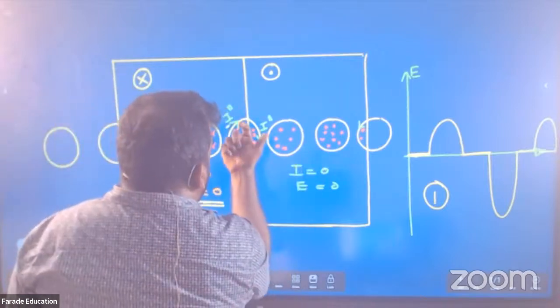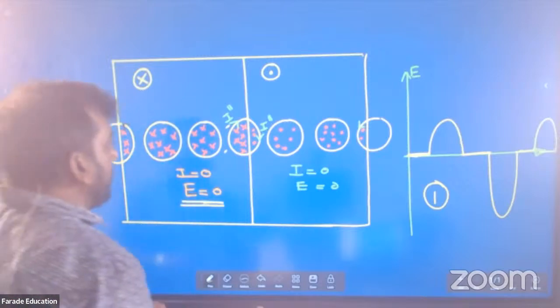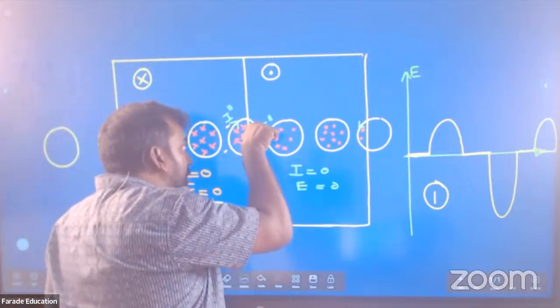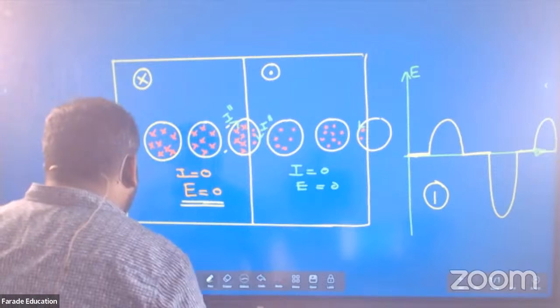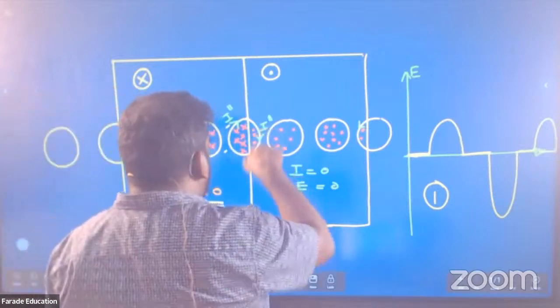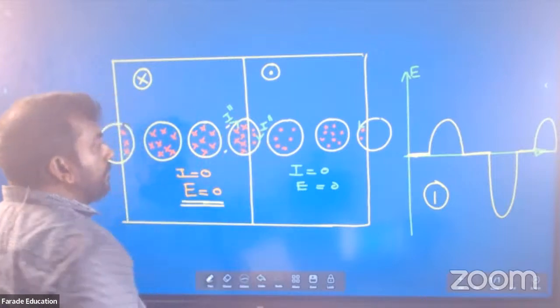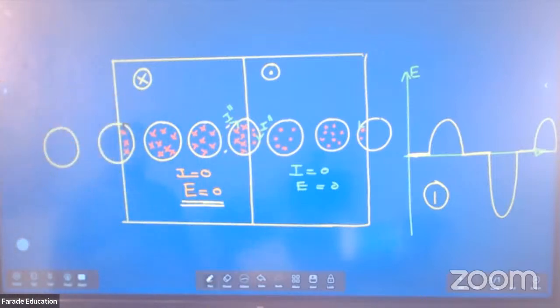Next line. The number of dots will start to increase. To oppose this, we place the thumb inside. So again, there is a clockwise EMF.